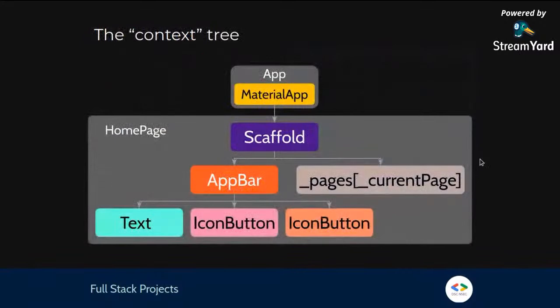Now what is happening in our case? This is what I call the context tree. It is kind of similar to the widget tree we have for our app. You can see we have the top level app widget here, which contains a MaterialApp, and in here we have the homepage widget. Let me go back to the code.